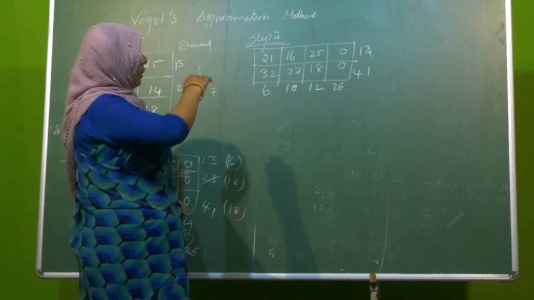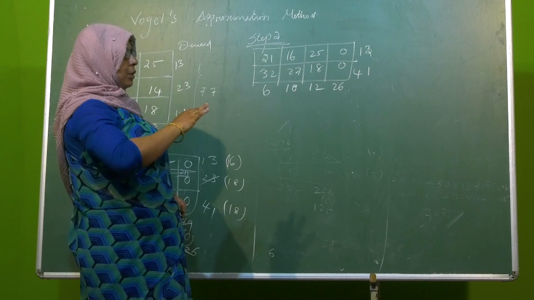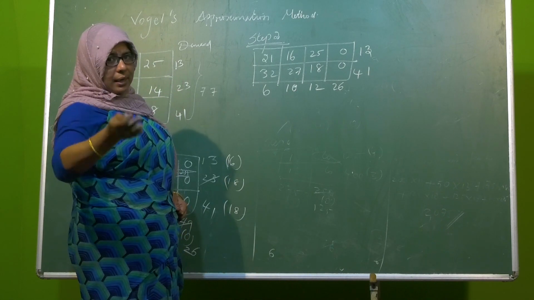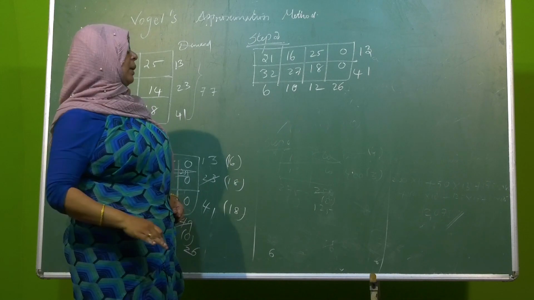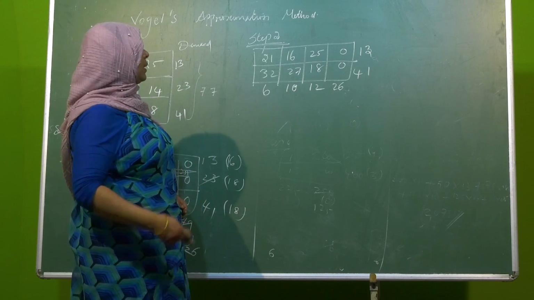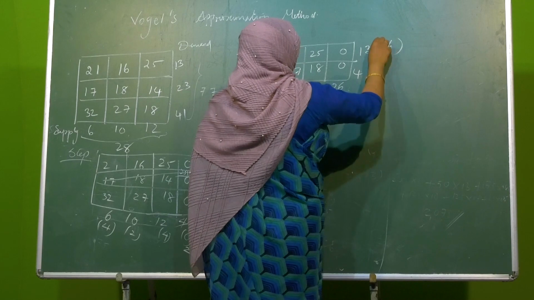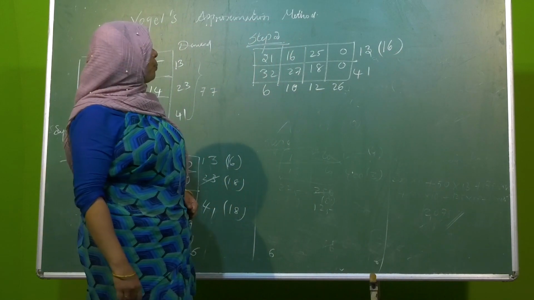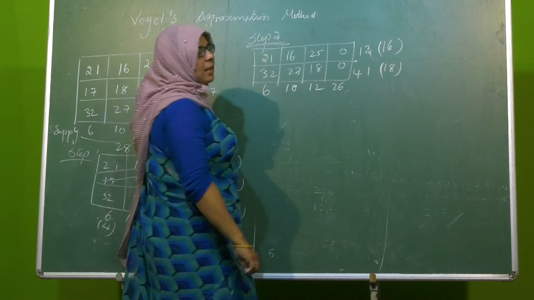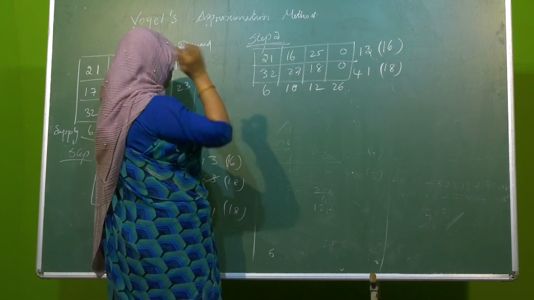Okay, so likewise we did in the previous step. First you make the difference between the least element and the next least element. 0 is the least element and the next least element is 16, so 16 minus 0, 16. The difference between 0 and 18 is 18. 21 minus 32, 11.